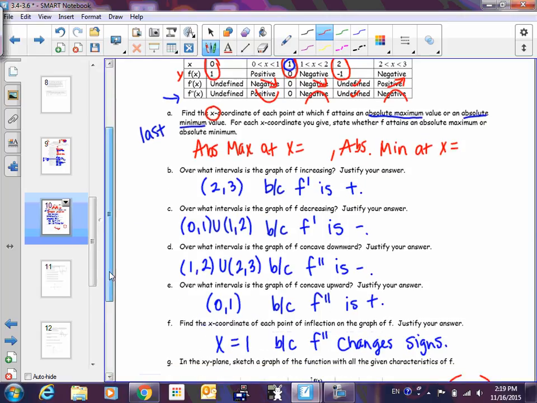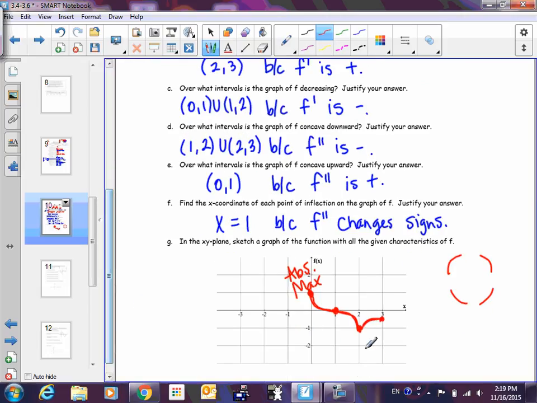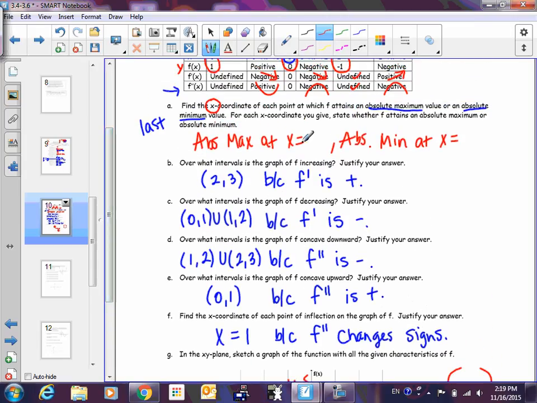If I scroll, I hate scrolling back up and down again, but you can see the max is happening at x equals 0, the absolute max, and then the absolute min is happening down here, also a relative min. So x equals 0 and x equals 2. Much easier to do at the very end. Now, if your graph's wrong, your absolute max and min could be wrong. So you do have to watch out for that.